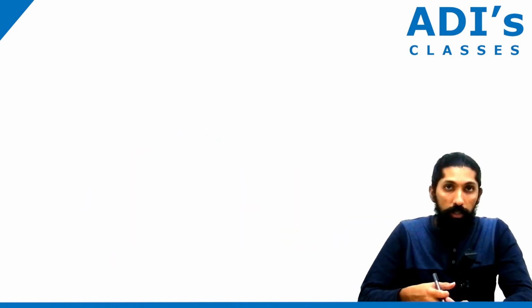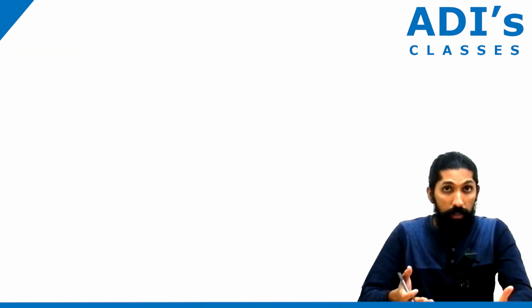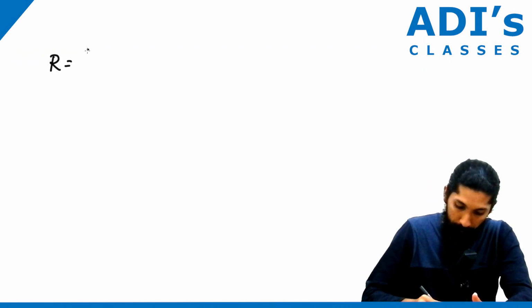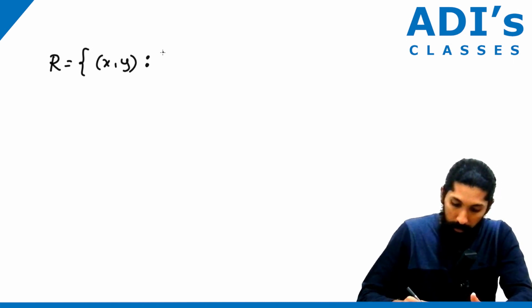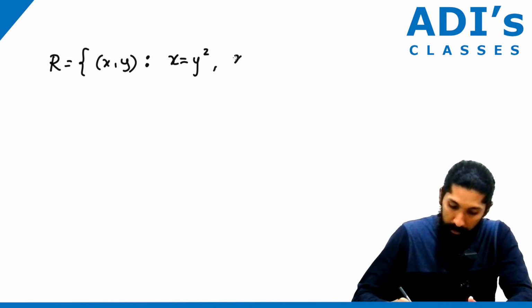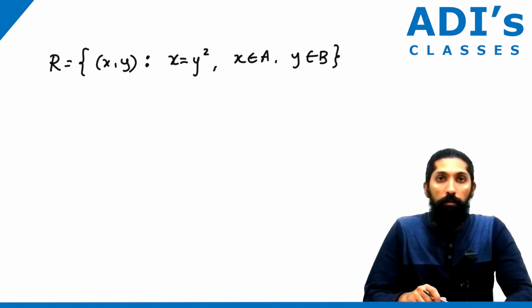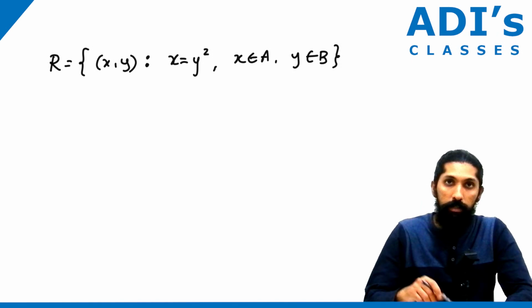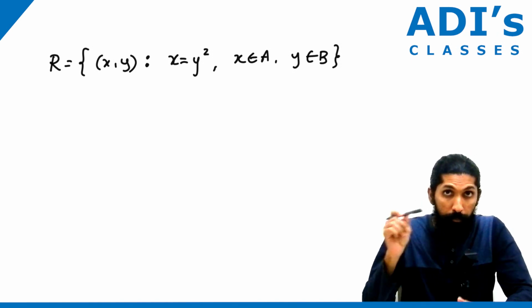See, what is the set builder form for this one? So we have a relation R. It is x comma y such that x is equal to y square and x belongs to A, y belongs to B. The first thing you have to understand is that x comma y is an ordered pair.